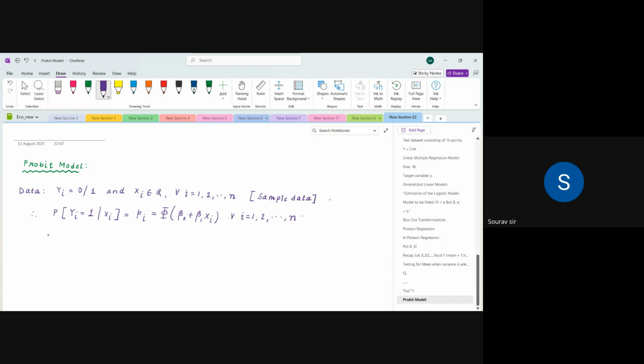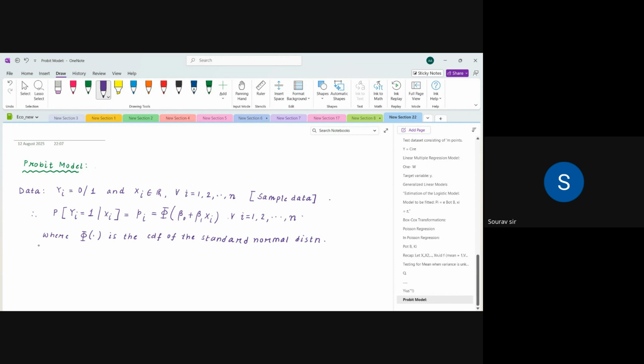Okay, right? Where cap phi is the CDF of the standard normal distribution. Is the notation making sense to all of you? Is the notation fine? Yes.